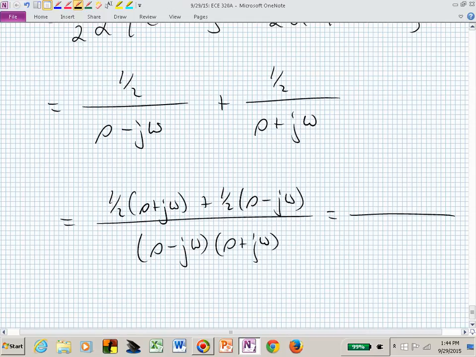Those cancel, and I have 1/2 s plus 1/2 s. I end up with s. What's in the denominator? That's now the Laplace transform of my cosine. S over s squared plus omega squared.